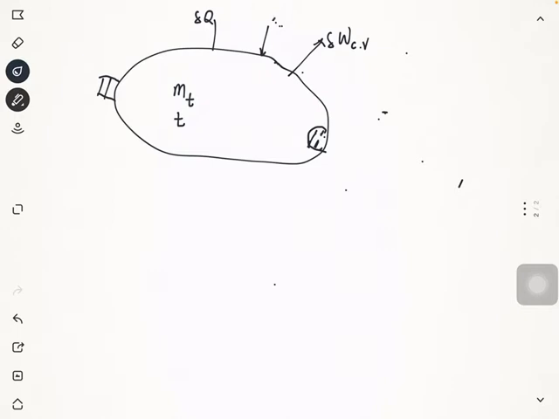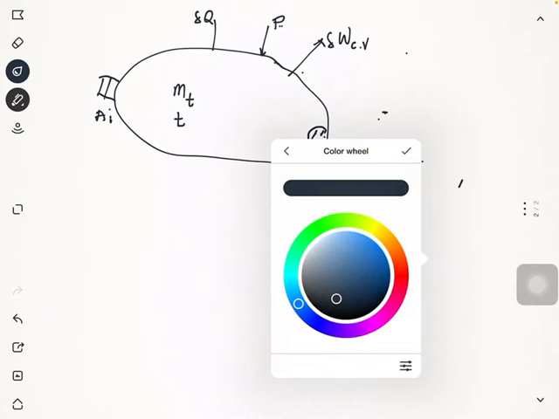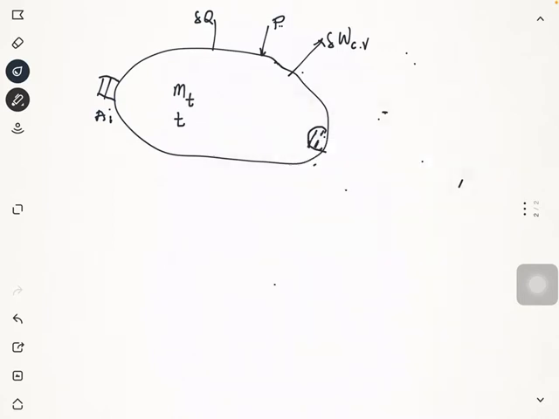So this is our pressure, and we have this area here at the inlet, and this is our exit point here. We have the pressure at the inlet, the temperature at the inlet, the energy at the inlet, and the velocity at the inlet.